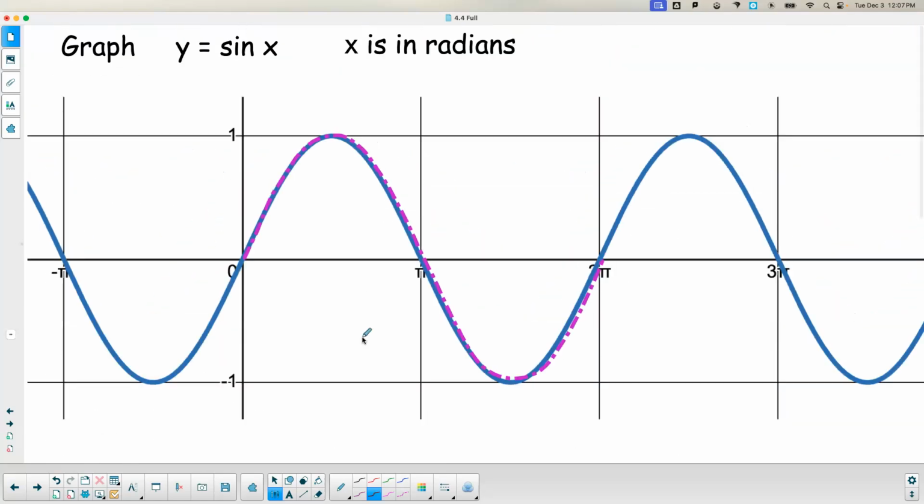Looking at the graph, what is the smallest that this graph gets to? What's the lowest value that it gets to? -1.